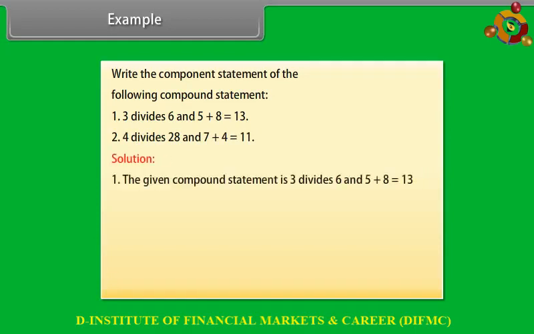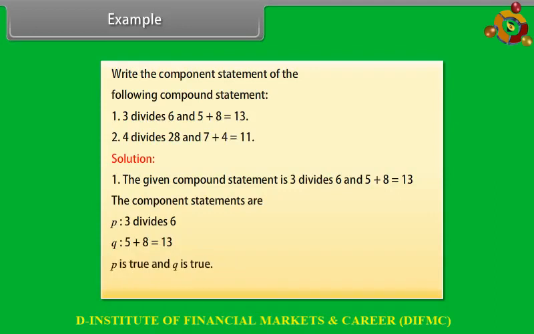The given compound statement is 3 divides 6 and 5 plus 8 is equal to 13. The component statements are: P, 3 divides 6. Q, 5 plus 8 is equal to 13. P is true and Q is true. Hence, P and Q is true.